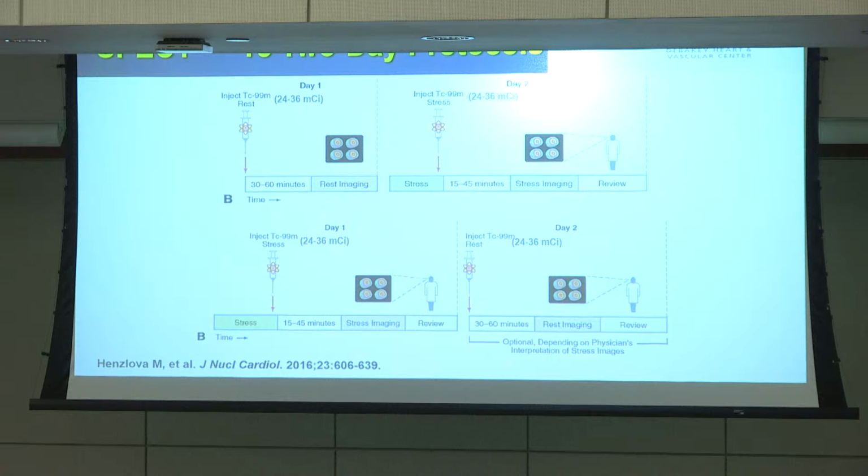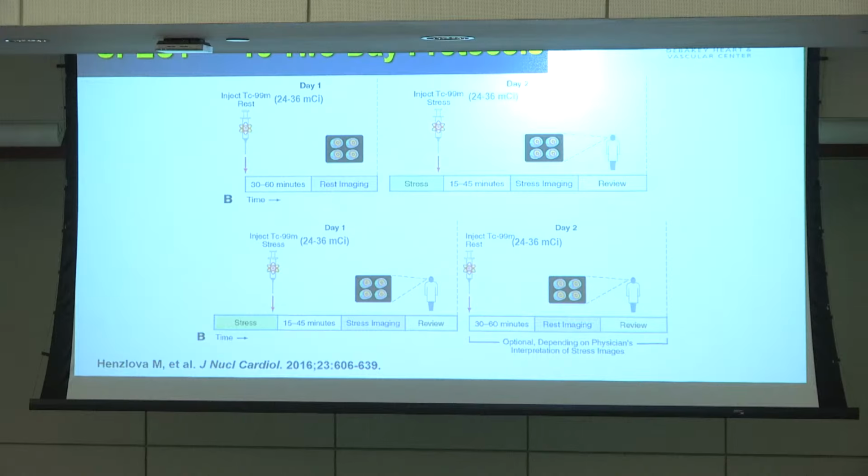One of our research fellows who's sitting there published a paper looking at whether, if you do prone imaging or CT attenuation correction imaging on the stress images, you reduce the need for rest imaging by 72%.